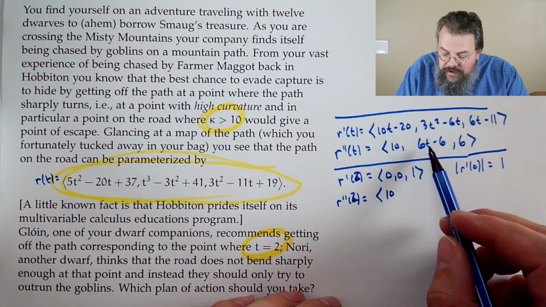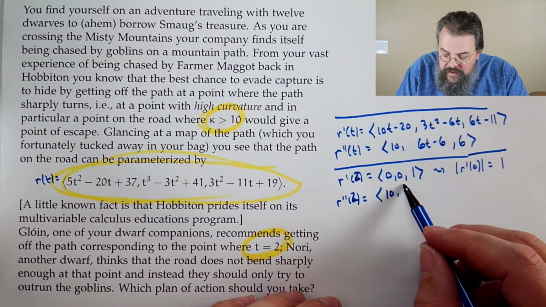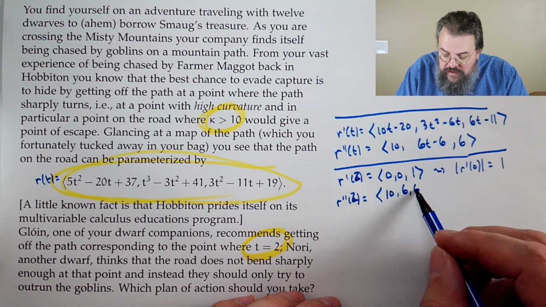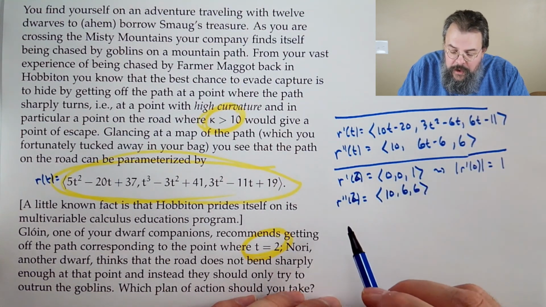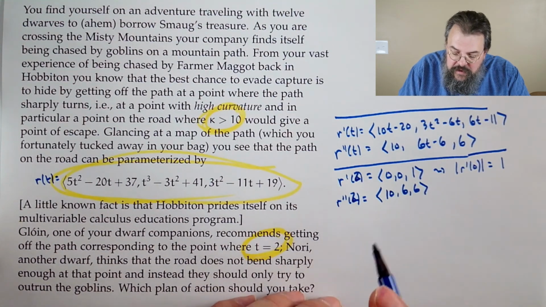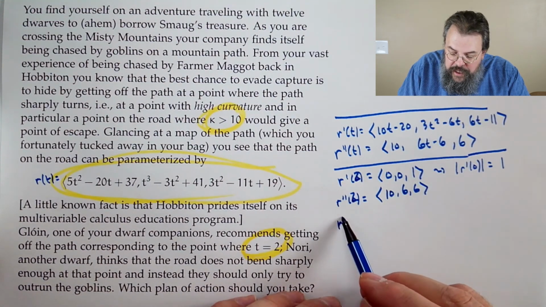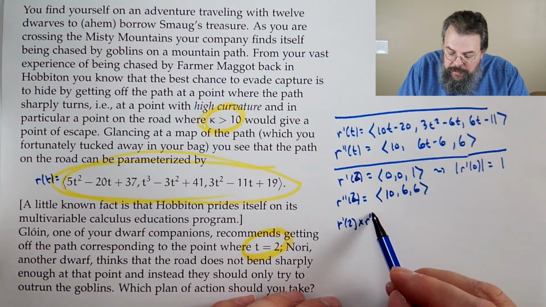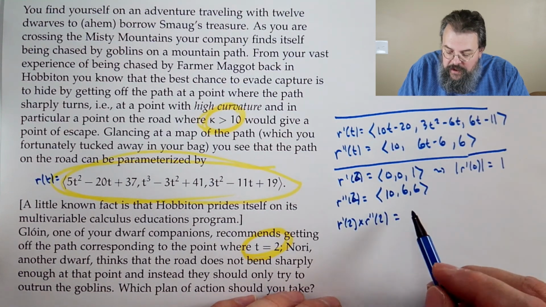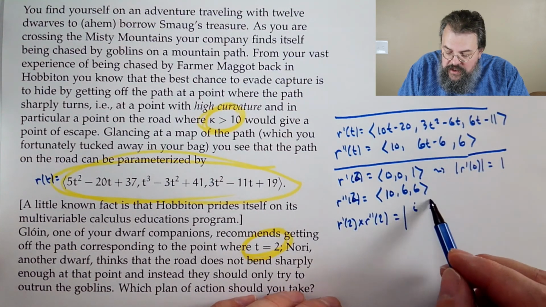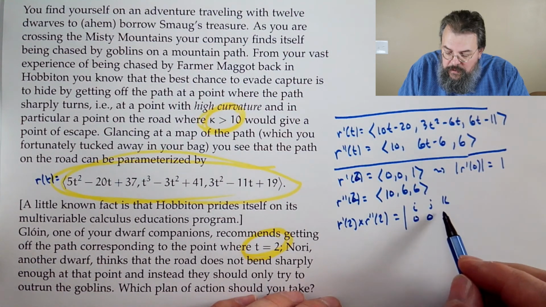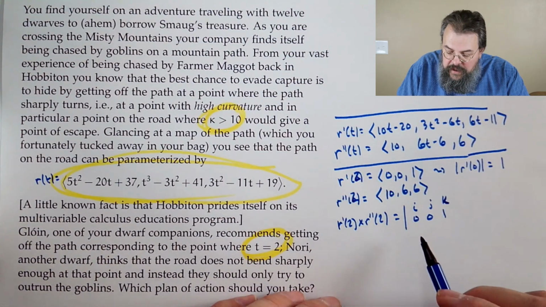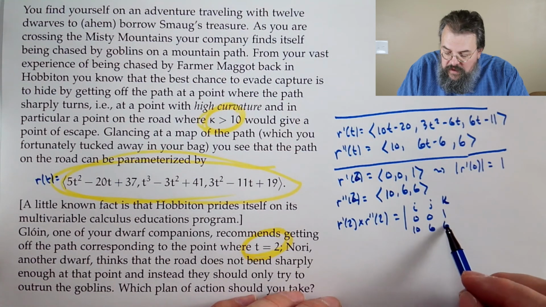Okay, 10, 12 minus 6 is 6, and then 6. So we are not done yet because we need to find r prime cross r double prime. Well, that would be i, j, k, 0, 0, 1 and 10, 6, 6.